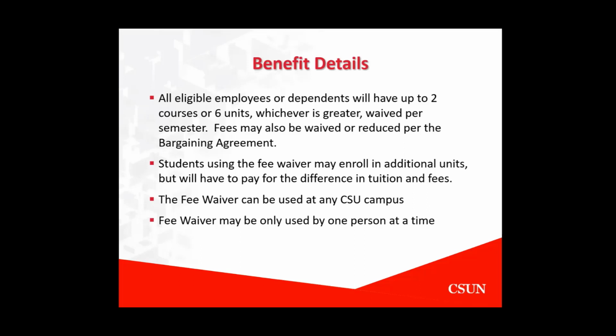Students using the fee waiver may enroll in additional units, but will have to pay for the difference in tuition and fees. The fee waiver can only be applied to state-supported programs across all CSU campuses. Fee waiver may be only used by one person at a time.